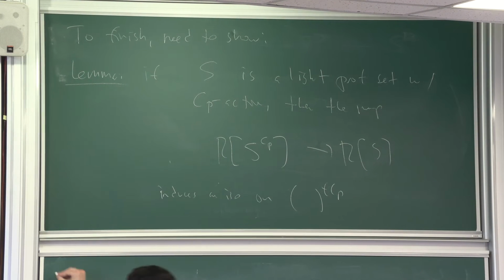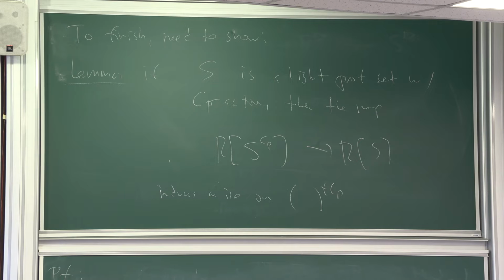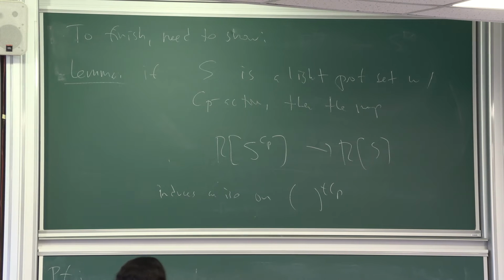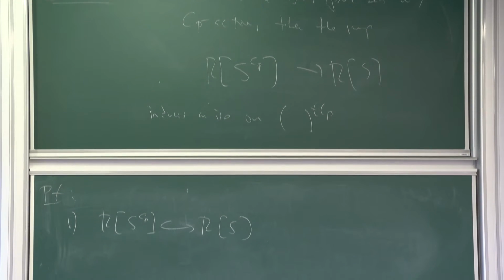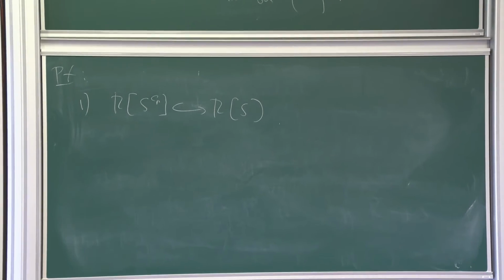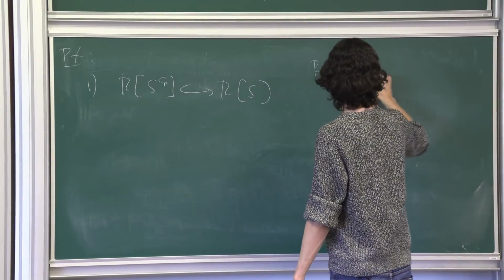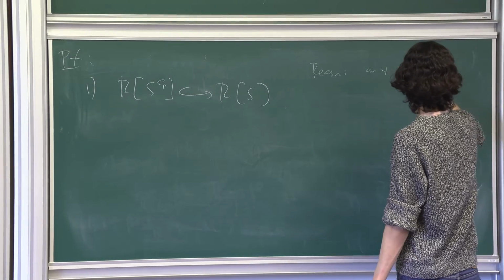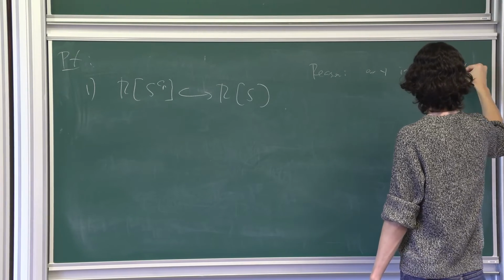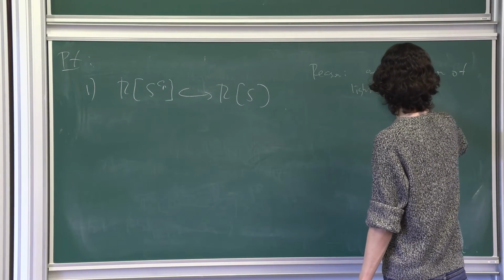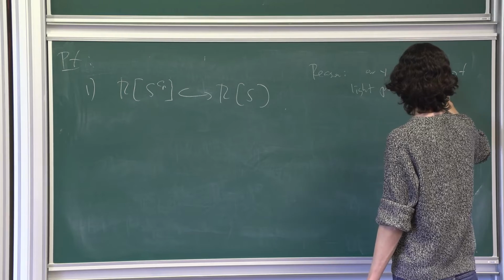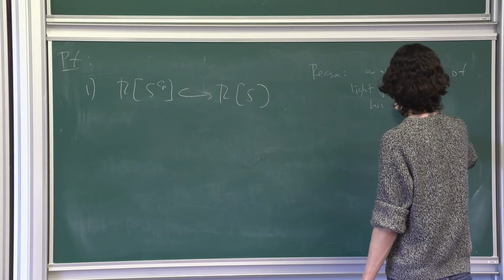So the proof is, the first claim is that R bracket S^CP is actually mapping injectively into R bracket S. And the reason is any inclusion of light profinite sets has a retraction.